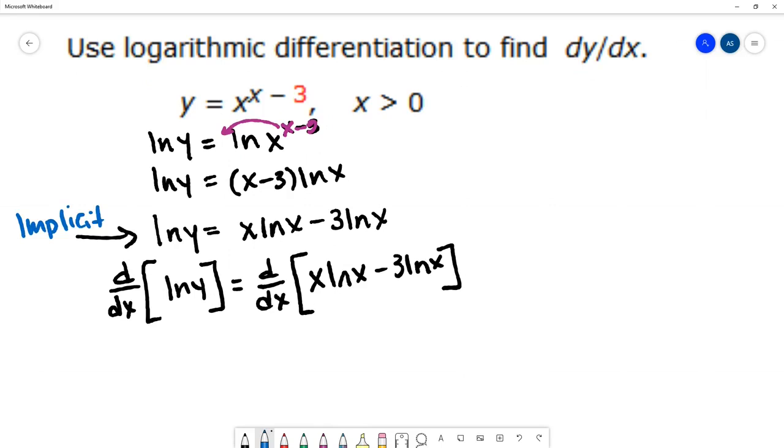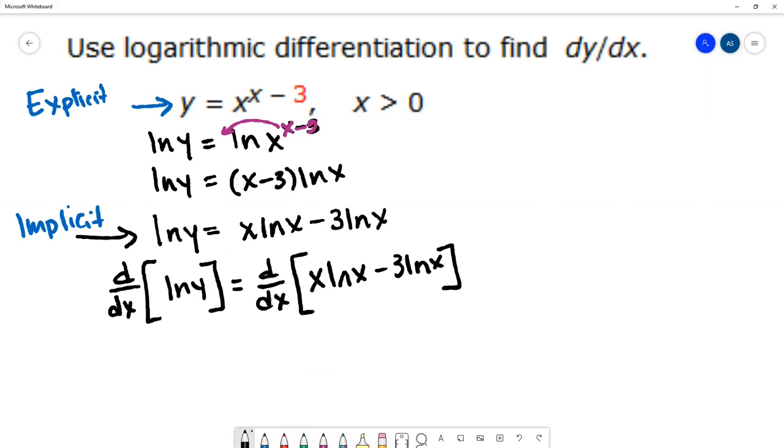Implicit is when you don't have one variable in terms of the other. This is an example of the opposite of implicit, which is explicit. So this equation does have one variable in terms of the other. Y equals, and all the variables on the right-hand side are x. So that's one variable in terms of the other.